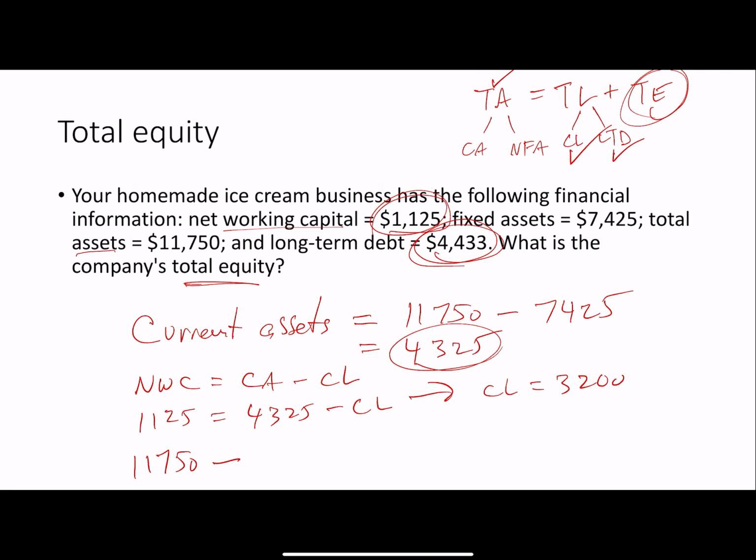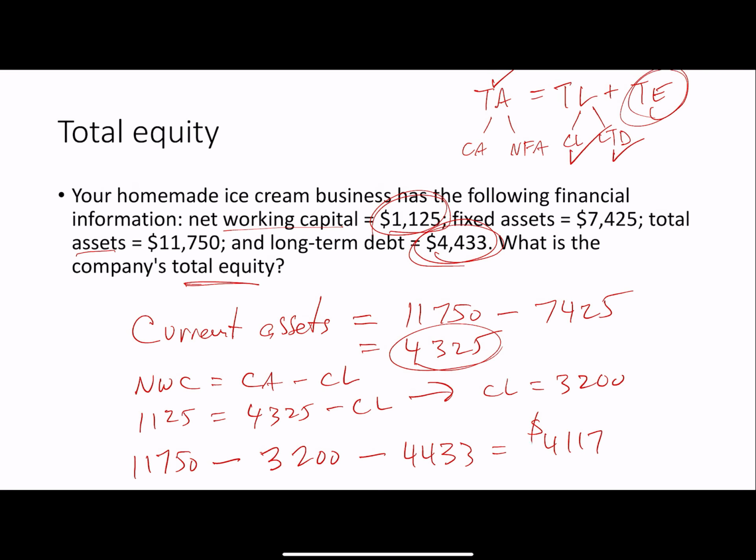So we'd subtract out $3,200, and we further take out long-term debt, $4,433. And that gives us total equity of $4,117.